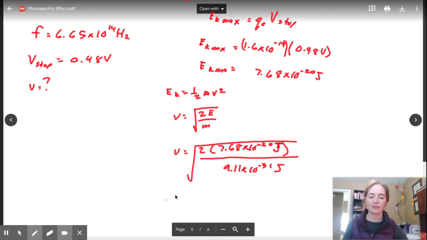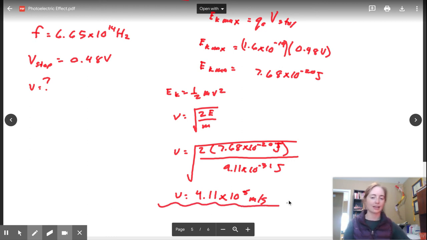Root the lot, and we wind up with your speed, with your sig digs and units and all of that jazz: 4.11 times 10 to the power of 5 meters per second. Bam. All right.